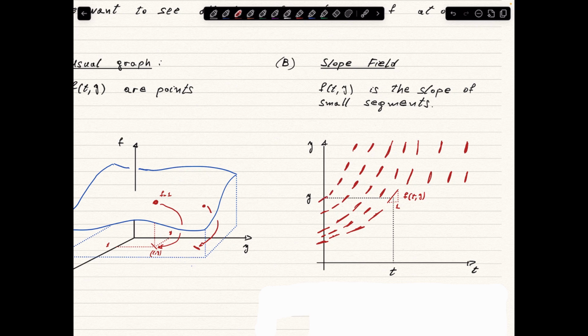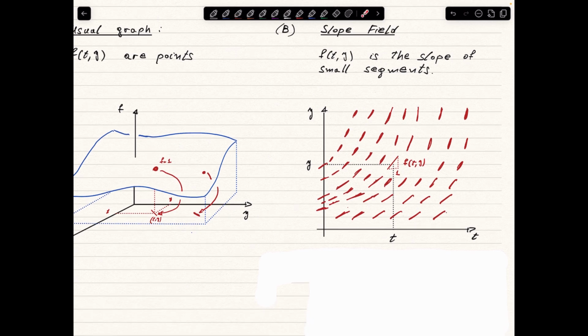So that's why people use computers. You write the code and it's very easy to generate all these little slopes. But suppose we have something like that. Well, this is a slope field.